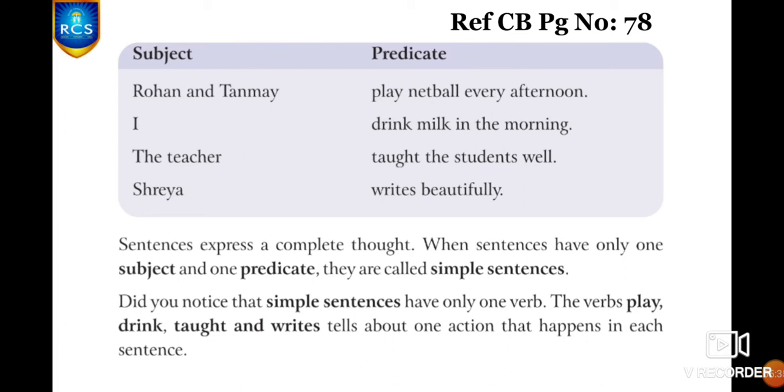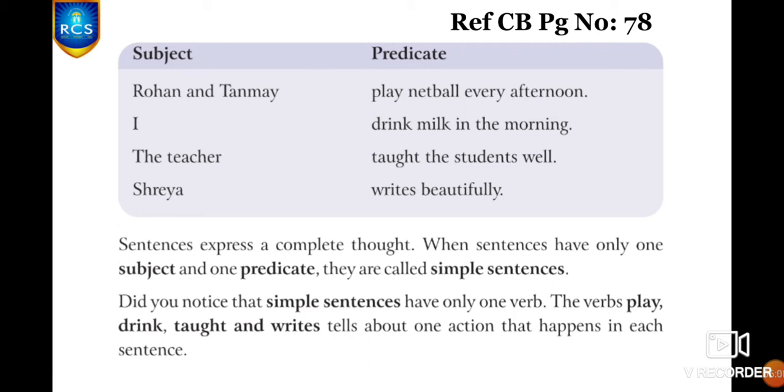I drink milk in the morning. I is the subject, drink milk in the morning is the predicate. The teacher taught the students well. The teacher is the subject, taught the students well is the predicate. Shreya writes beautifully. Shreya is the subject, writes beautifully is the predicate.